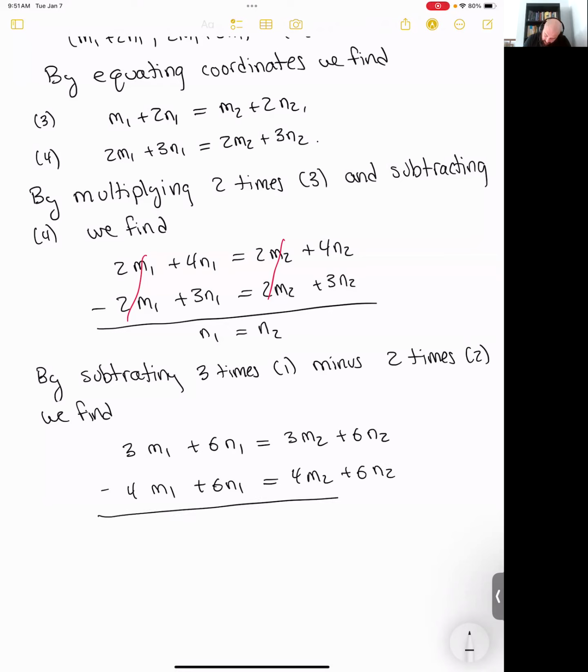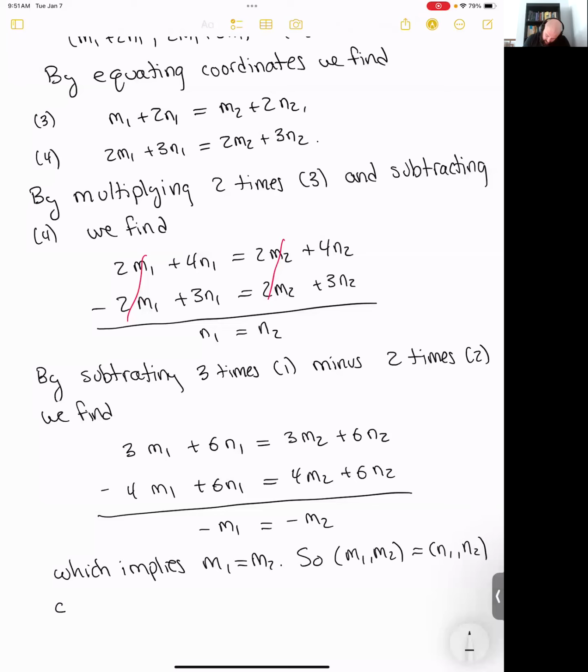And of course, now we see that we get minus m1 is equal to minus m2, which implies m1 is equal to m2. So we have that (m1, n1) must be equal to (m2, n2), and hence f is injective, right?